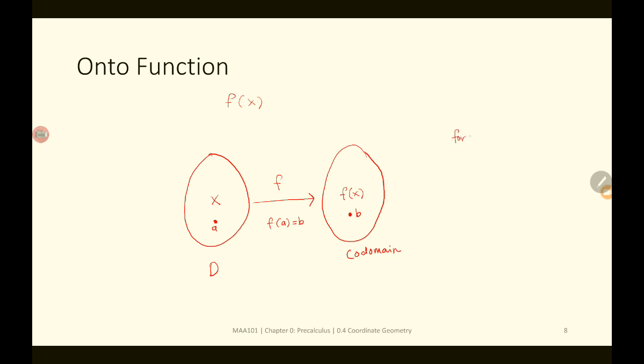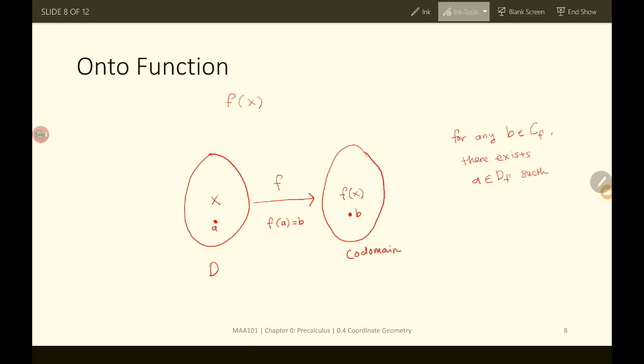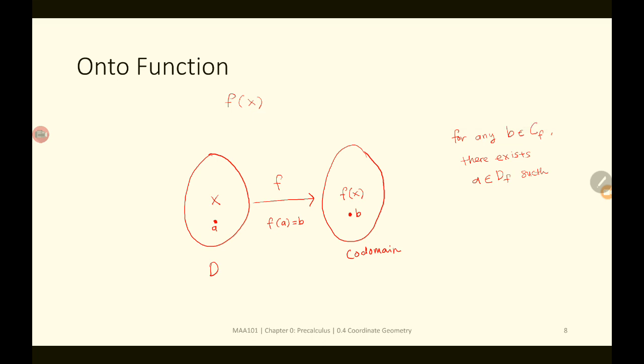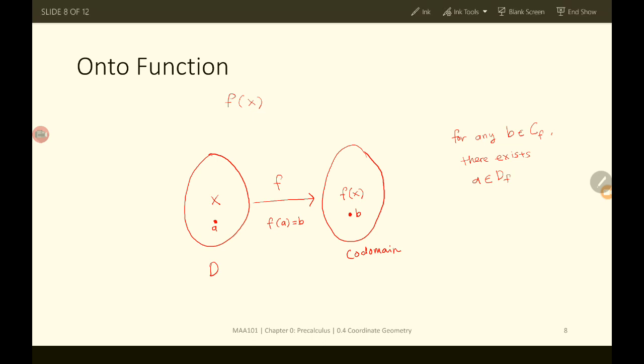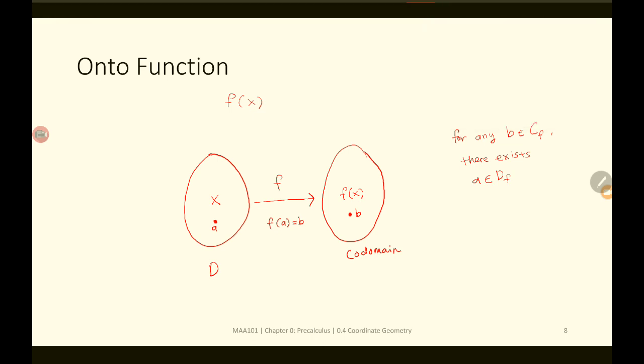For any b in the codomain of f, there exists a in the domain of f such that f of a equals b.